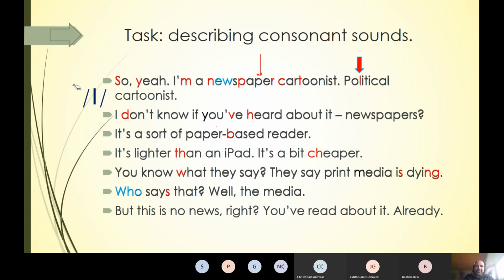Excellent. And in terms of its manner, how is the airstream affected? What's the category or label? Is it fricative, plosive, or liquid? Liquid. A lateral liquid, exactly.